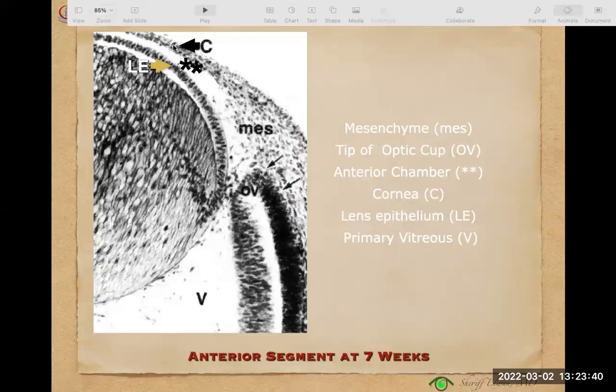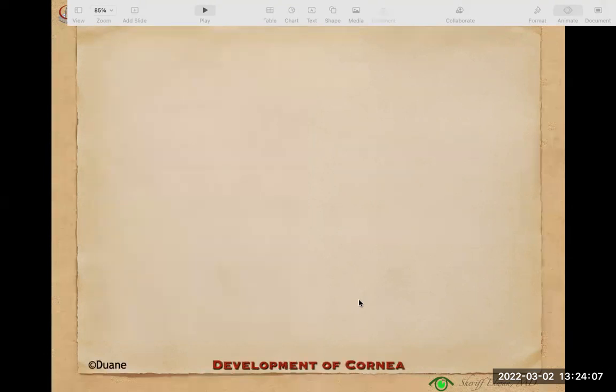The cornea starts to develop, as we said, from the neural crest, which develops the endothelium and the Descemet's membrane, and from the outer ectoderm develops the epithelium of the cornea, and the stroma develops from the mesoderm. So this is a section through the developing eye at 7 weeks.